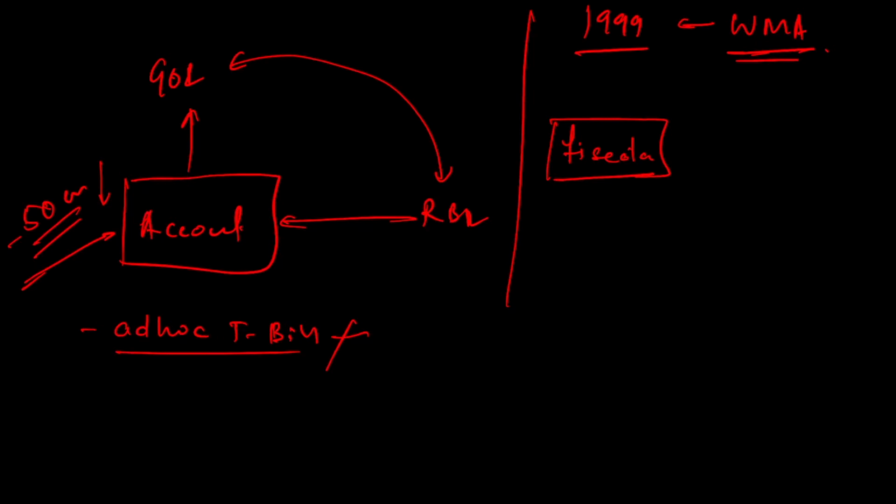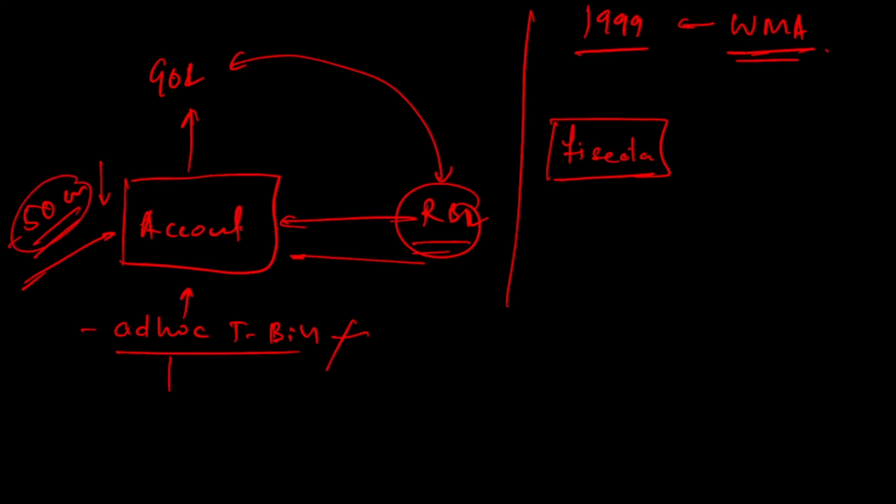And the arrangement between Government of India and Reserve Bank of India was, whenever this falls below 50 crores, RBI would issue ad hoc treasury bills and refill that account. So Reserve Bank of India used to top up Government of India's account whenever it fell below 50 crore rupees.